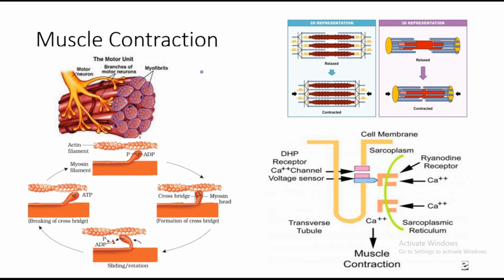Now, the process of muscle contraction. As I mentioned, the motor neuron acts like electrical wires conducting from the brain to the muscle fiber, and in the muscle fiber we have a lot of myofibrils, small myofibrils. Myofibrils are made up of sarcomeres. This is the sarcomere, and this is the contractile process.